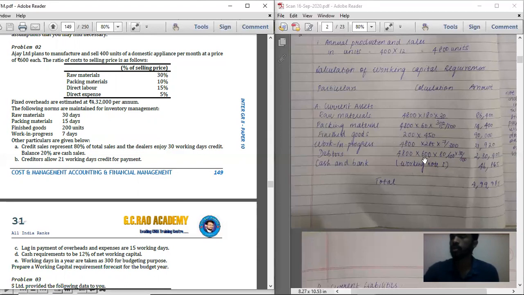You will get 2,30,400. Amount column, 2,30,400. Debtors is 2,30,400.